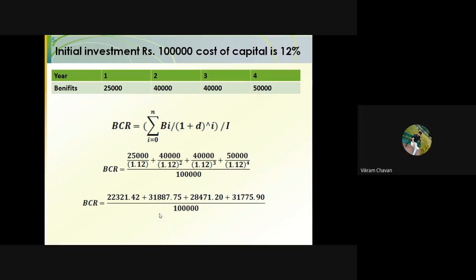What is the BCR value? Please mention in the chat box what value you are getting.